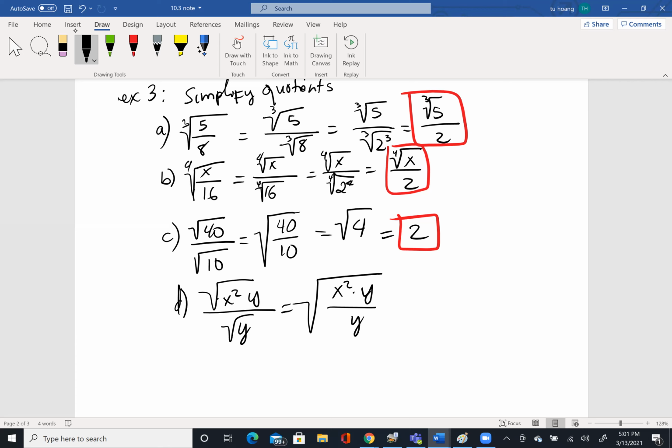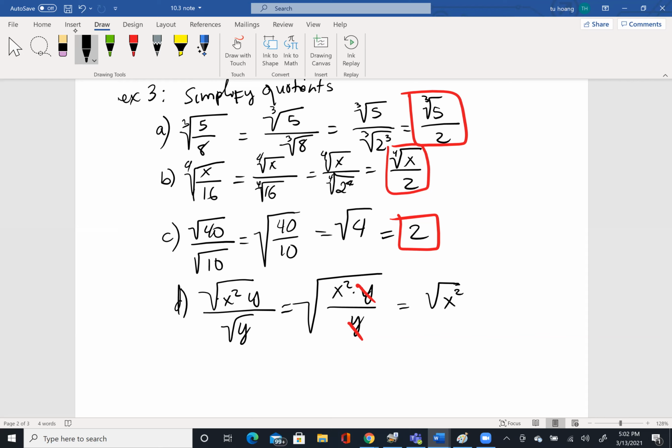Is that okay? Anytime you see the top has a square root and the bottom has a square root, or same index radicals, just combine them and see if you can cancel something. Okay, so now you can see I have y and y in common, just cancel it. So now it becomes square root of x squared.